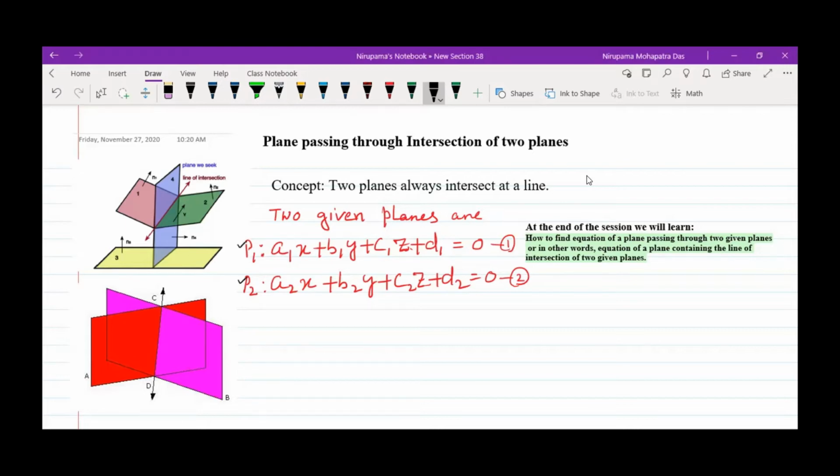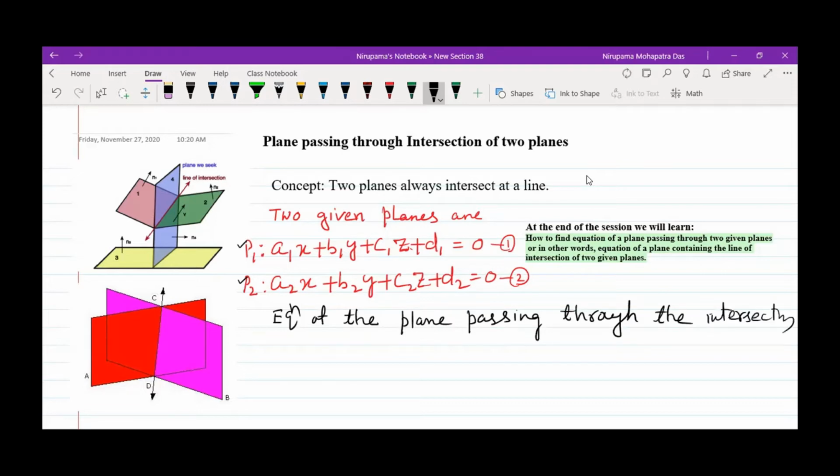Now the equation of the plane passing through the intersection of planes P1 equal to 0 and P2 equal to 0 is given by P1 plus lambda P2 equal to 0.